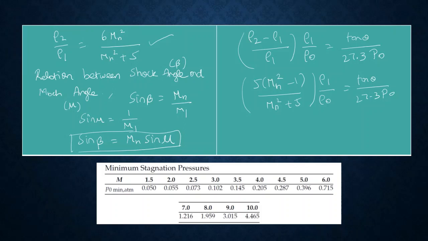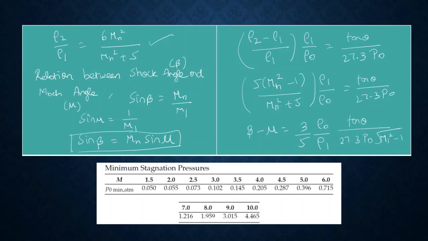So when you find the value of Mn, we can find the value of M1 using mu. So we have to consider the new relation called the theta minus mu relation, which is nothing but 3 by 5 rho naught by rho 1 tan theta divided by 27.3 p naught square root of M1 square minus 1.